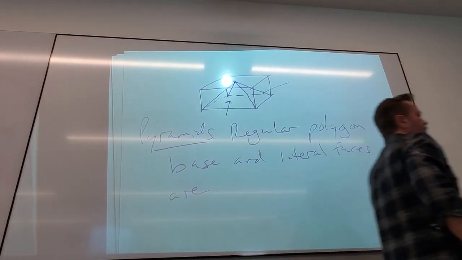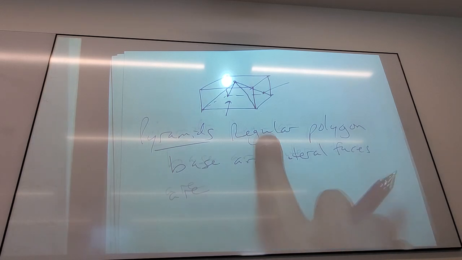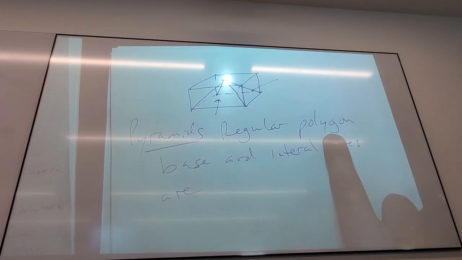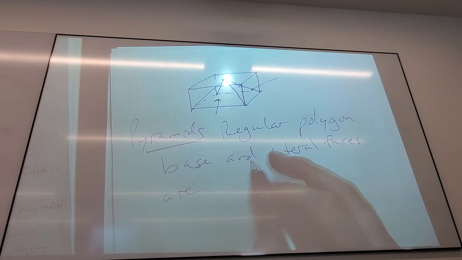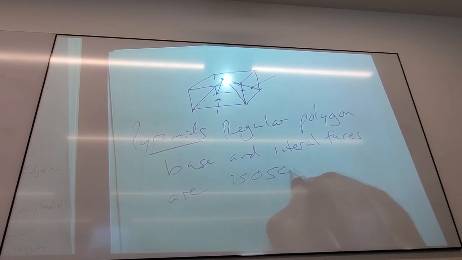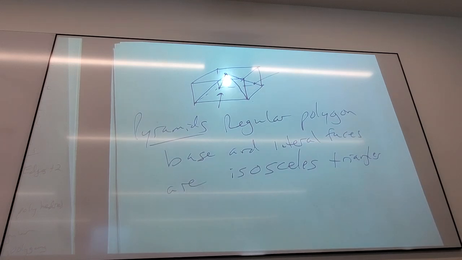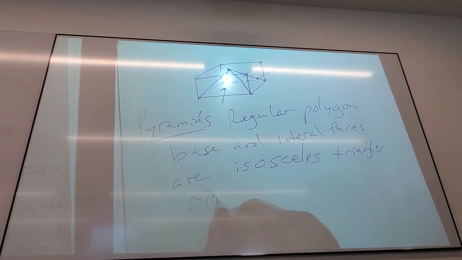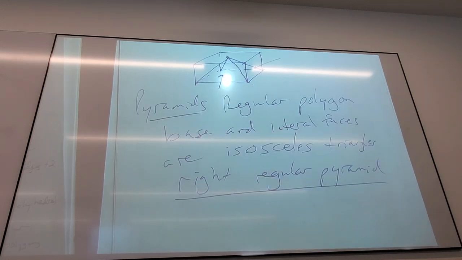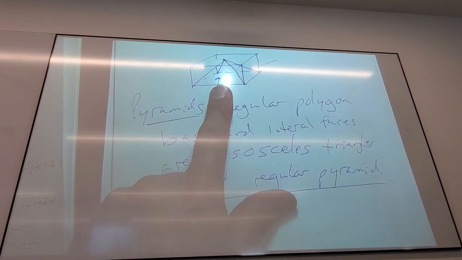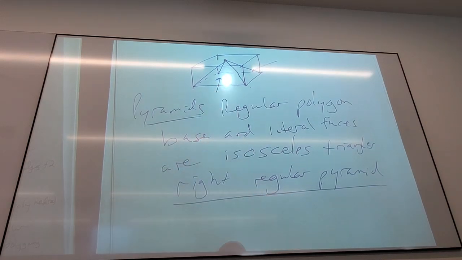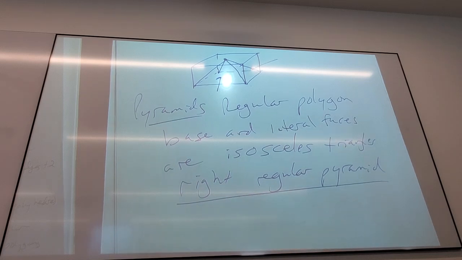So if I have something where I'm using a regular polygon base and the lateral faces are isosceles triangles, we call that a right regular pyramid. So if I would have made this base square, I would have made a right regular pyramid.